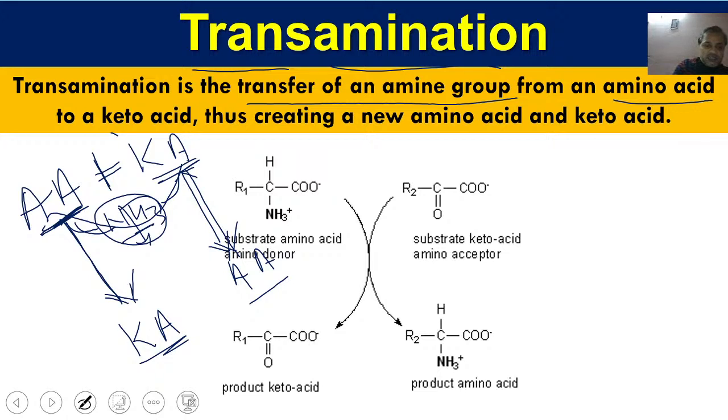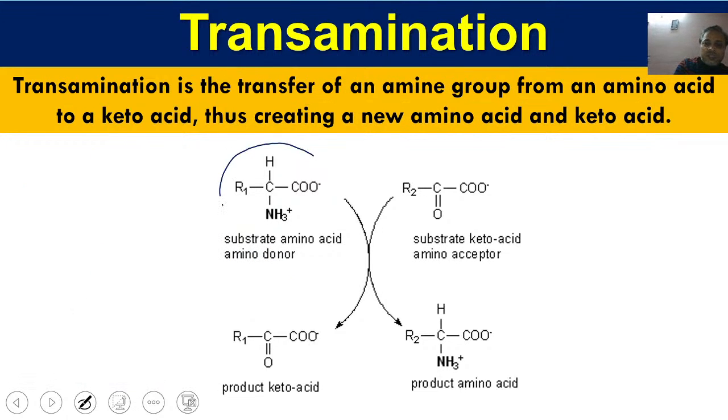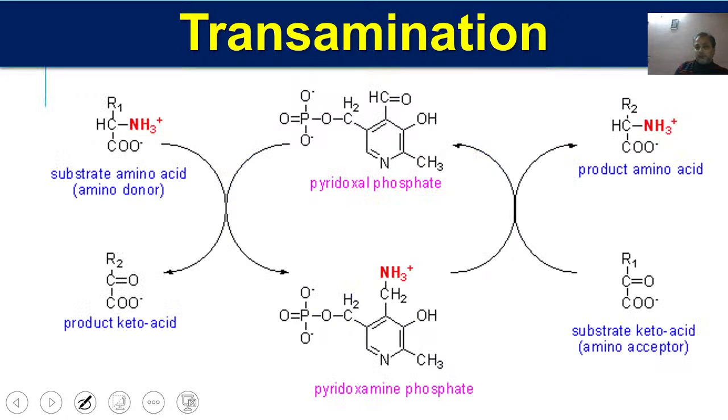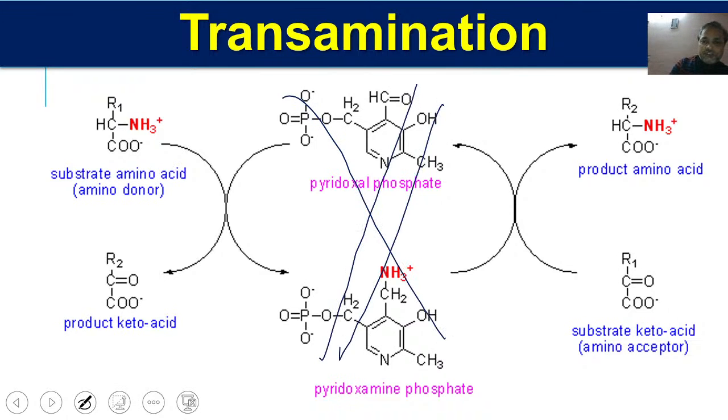Like you can see here, this is the amino acid, this is the keto acid. This ammonia is going to be released from this one. So this amino acid is converted into a keto acid, and this ammonia will be taken by this molecule and it will be converted into an amino acid. So now just remove this one.